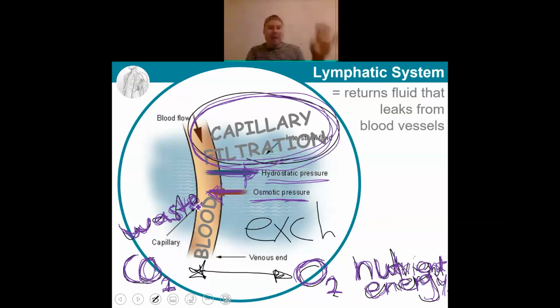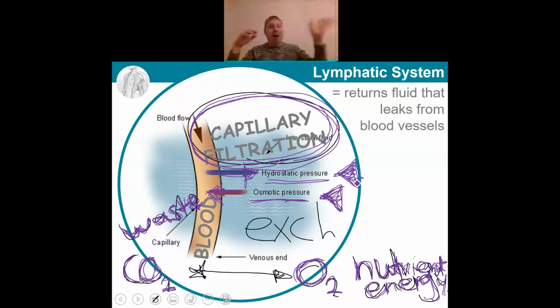So this all should be kind of a review of what we've talked about. And really the big thing that I wanted to draw our attention to here was these two forces that cause it to happen. Hydrostatic force pushing out from the capillaries, and osmotic pressure pushing back into the capillaries. So in an ideal world, these forces would be balanced.